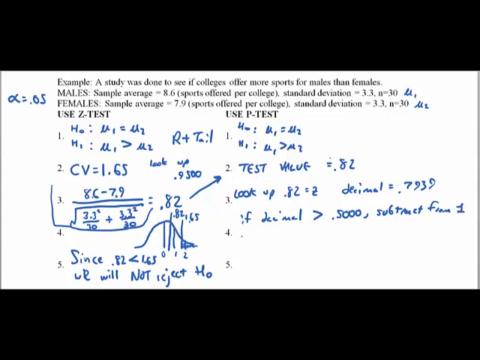And now 1 minus 0.7939 is 0.2061, or 20.61%.